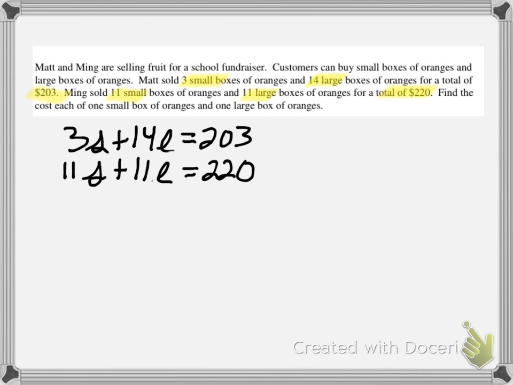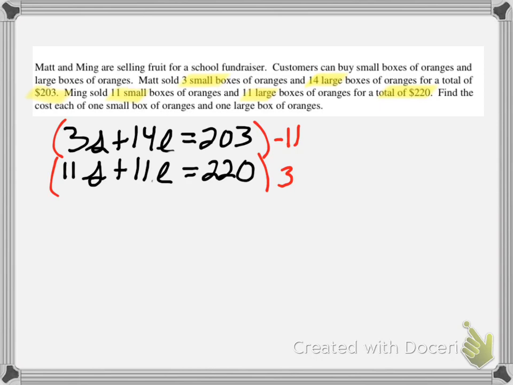So I'm going to need one of these to be -33 and one of them to be +33. So I'm going to make my top one be the -33, so I'm going to have to multiply it by -11. The bottom one, I want that to be +33, so I'm going to multiply that one by 3.